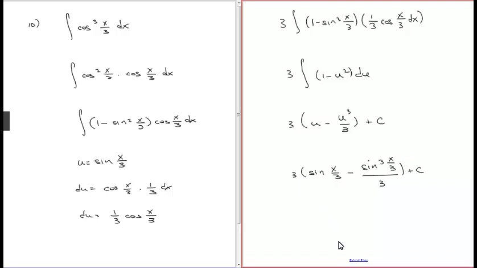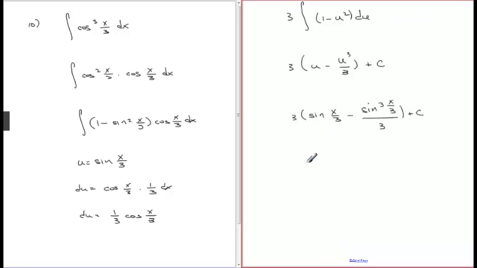If we distribute the 3, we'll have 3 times the sine of x over 3 minus the sine cubed of x over 3 plus c. And remember, the sine cubed of x over 3 is the same as the sine of x over 3, the quantity cubed. So that's problem number 10, and it is the correct answer.